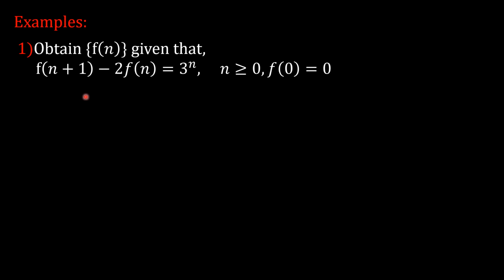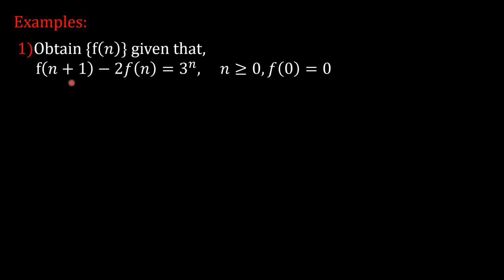Consider the first example. Obtain f of n given that f of n plus 1 minus 2 f of n equals 3 raised to n. Clearly we can observe here, this is the relation between f of n and f of n plus 1, and the coefficients are constants.